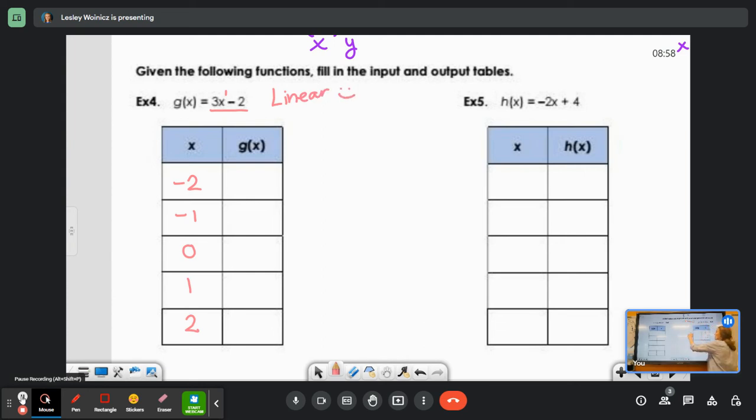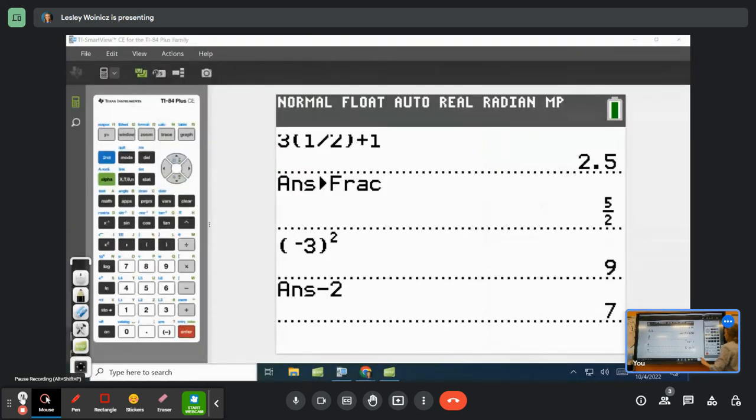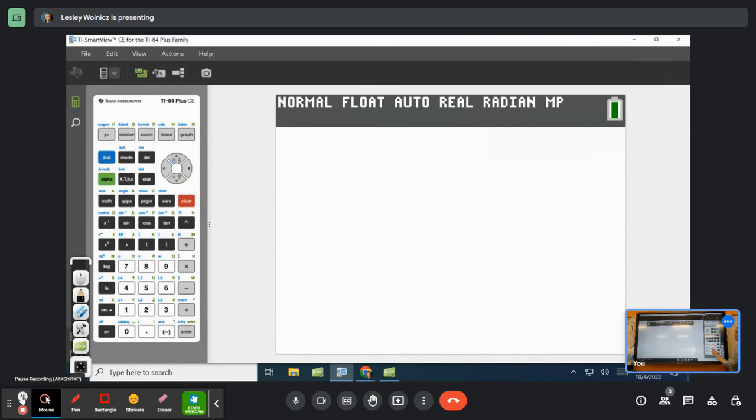Okay, so I have to do g of negative 2 equals 3 times negative 2 minus 2. So on my calculator, I'm going to do 3, whoops, that's a parenthesis. 3 times negative 2, that's a minus. Make sure you use the little baby minus, not the subtraction minus.